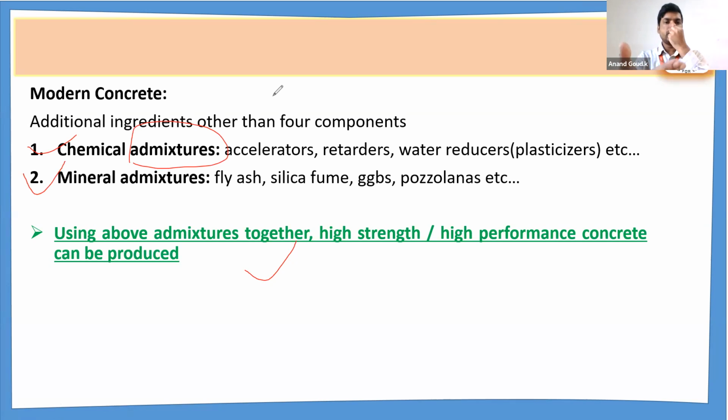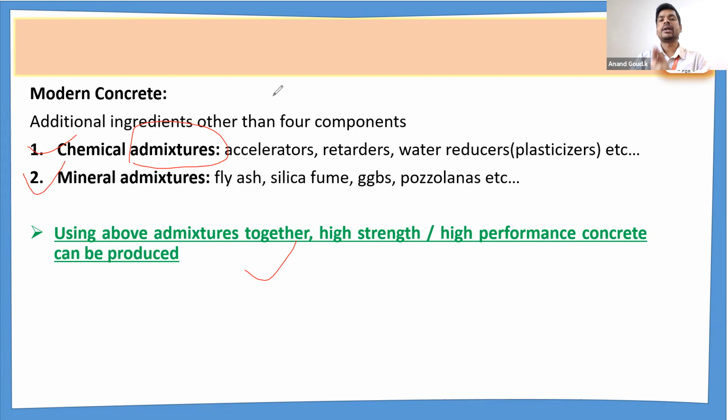If anyone asks you about the definition of admixture, how can you define that? If you want to define cement, you can say cement is a binding material which has cohesion and adhesion property. And water, you know the water, and you know the aggregate. But how will you define admixture?